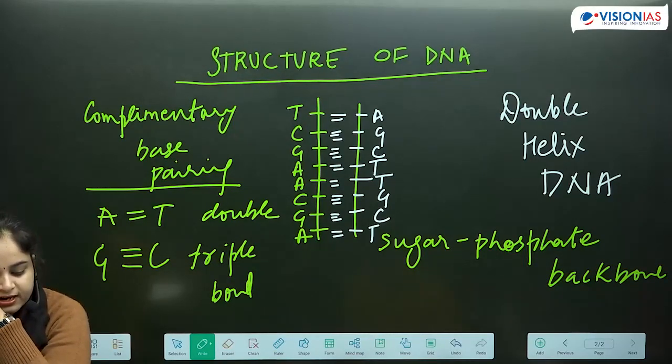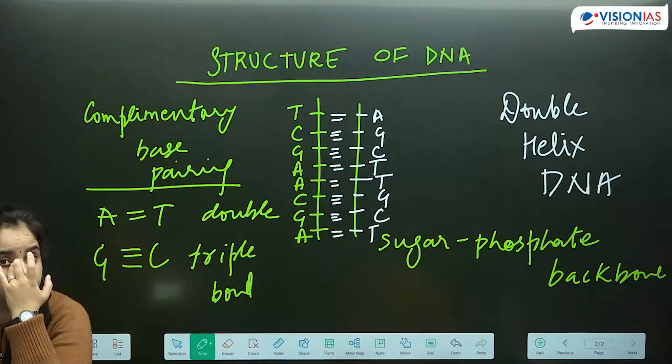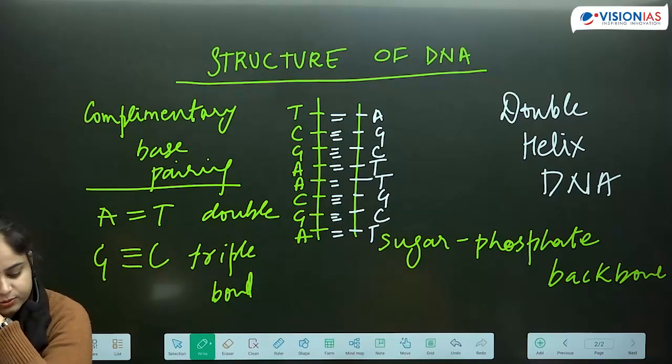The two strands then twist together into a spiral structure called the double helix DNA.